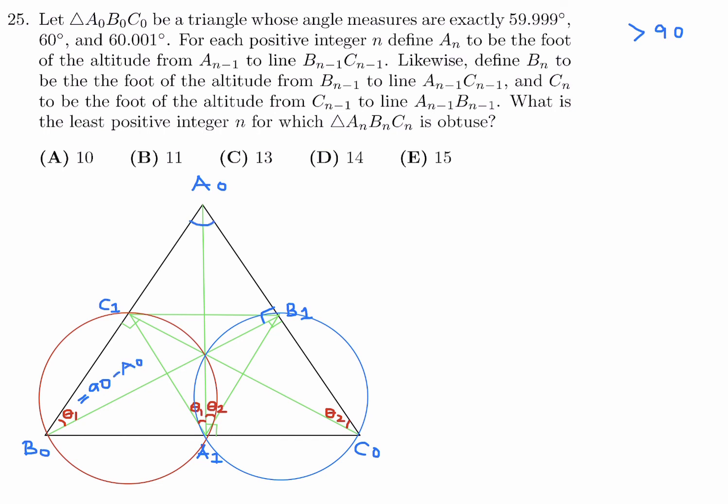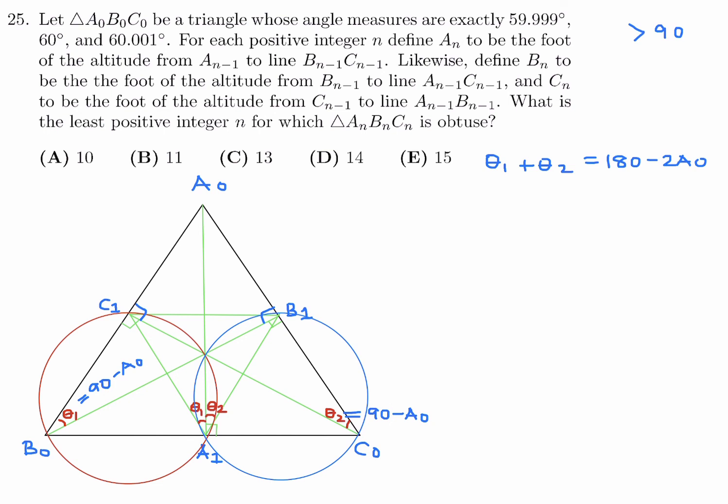This is angle A0. And in a very similar way, if you look at that triangle, that's also a right triangle. This is a right angle. So theta 2 is also equal to 90 minus A0. So if we add them, theta 1 plus theta 2, they would be 90 minus A0 plus 90 minus A0, so it's 180 minus 2A0.